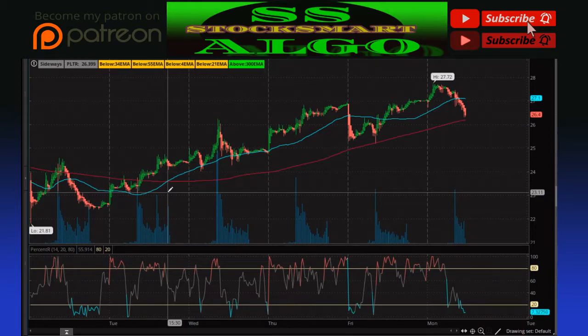Now, you may even consider a golden crossover not the 55 period and 200. You might consider it the 50 and 200 or the 20 and 200. But basically, it is a fast moving average crossing over a slow moving average.